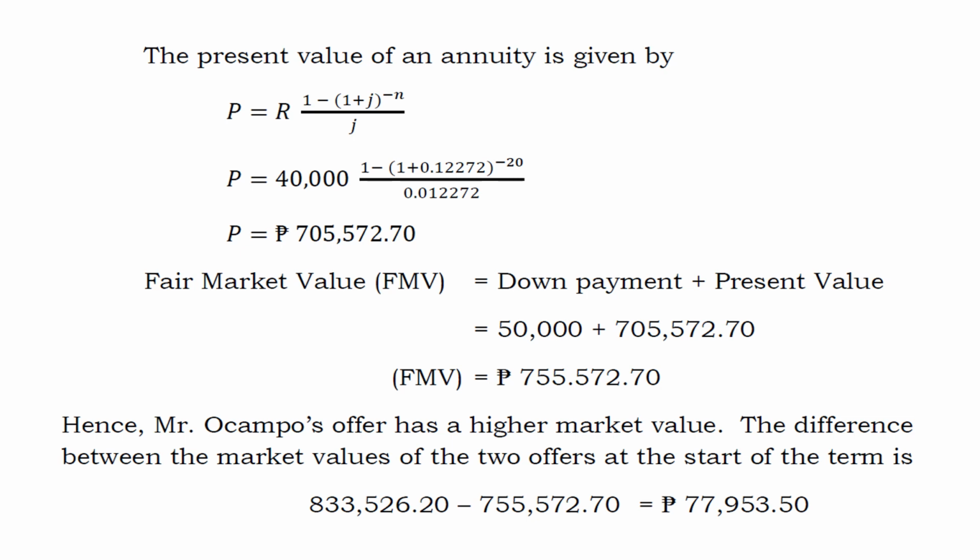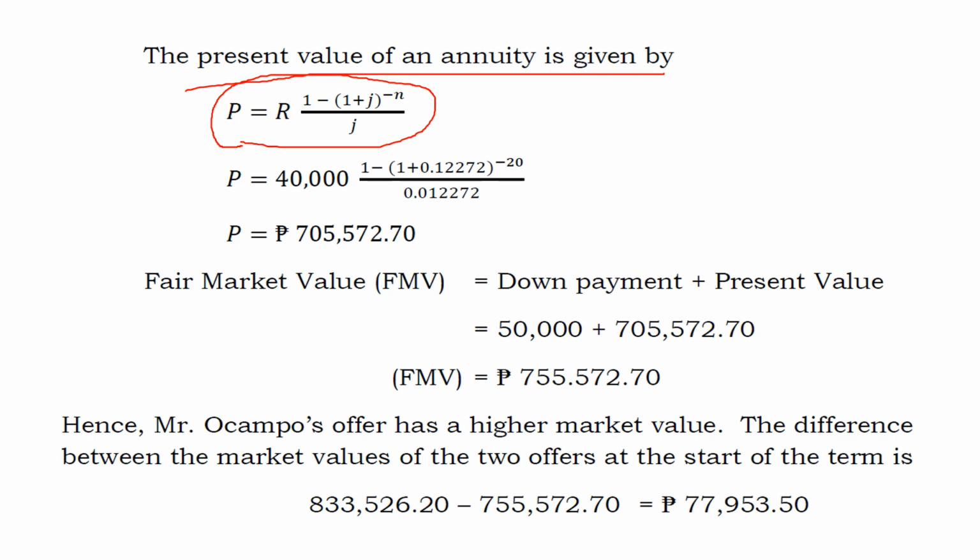So the present value of an annuity is given by this formula, so we simply use it in computing the present value of an annuity. Your PV is equal to R multiplied by 1 minus (1 plus j) raised to negative n, all over j.